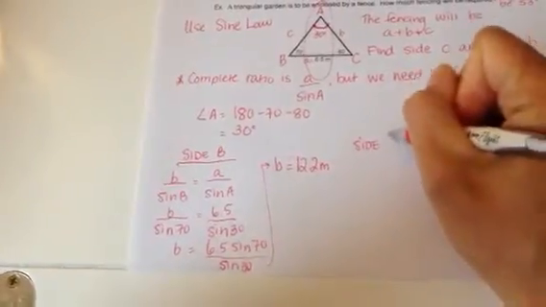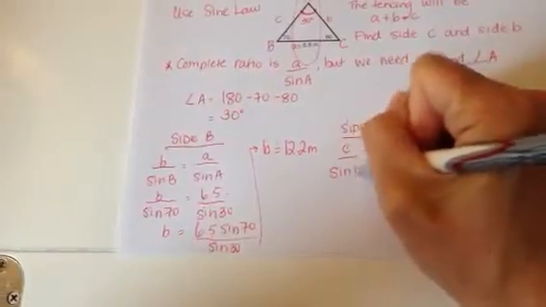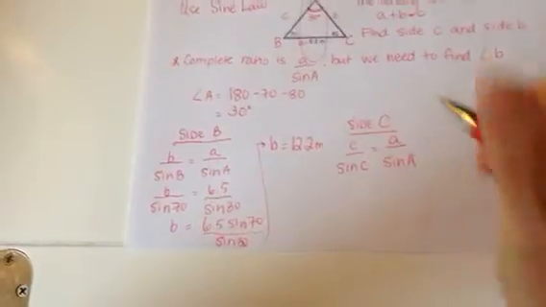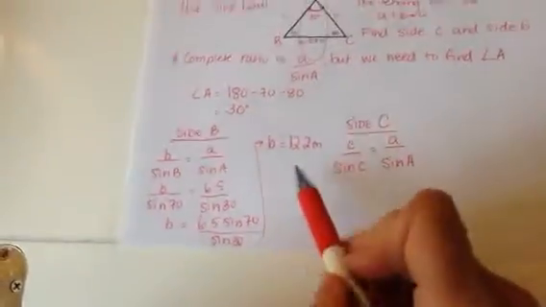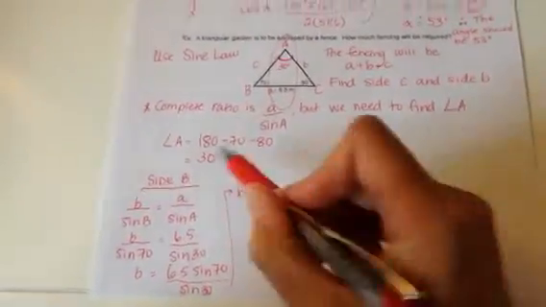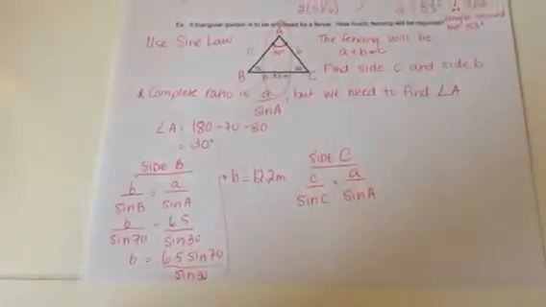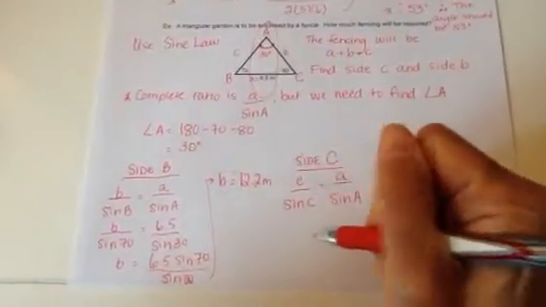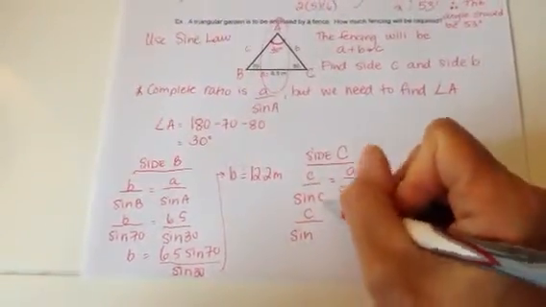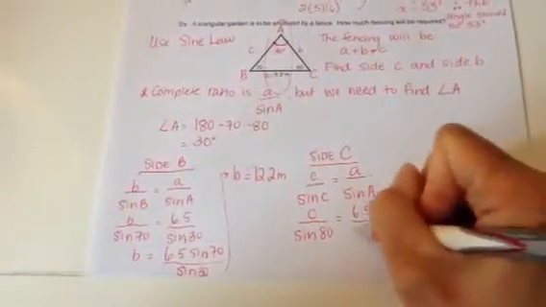Now we're going to do side C. So C over sine of angle C is equal to our complete ratio, which we're using the A. Now you could use your B because you've just found the other side, but there are probably fewer mistakes in finding the angle than in finding the side. So just in case, continue using your side A. If we're looking for side C, our angle is 80, and then we have our 6.5 over sine 30.